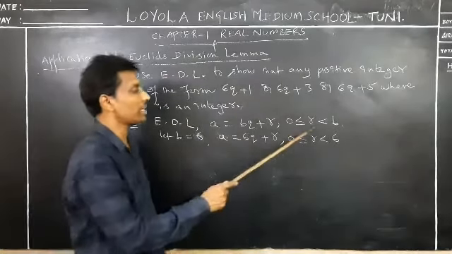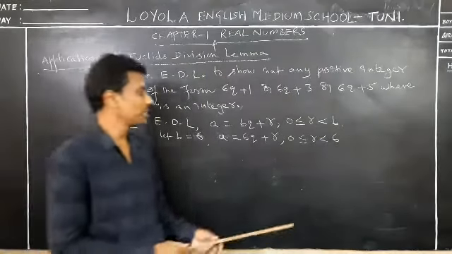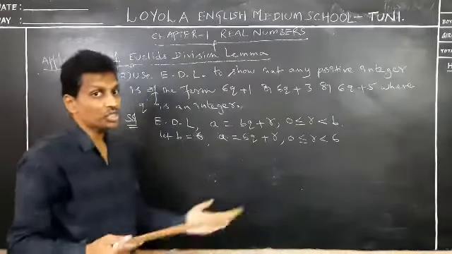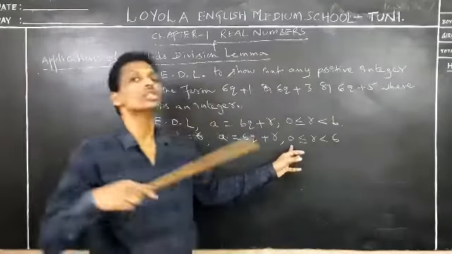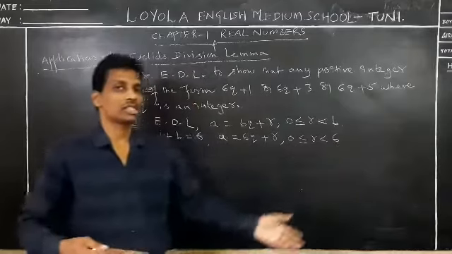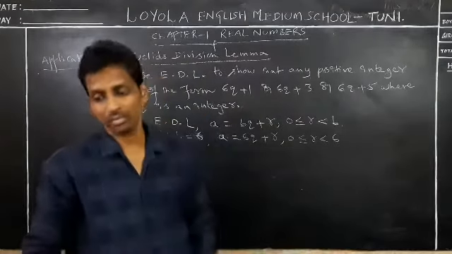Why? Because the remainder is always less than the value of b. Here b is 6, so we should expect the remainders from 0 onwards: 0, 1, 2, 3, 4, 5.